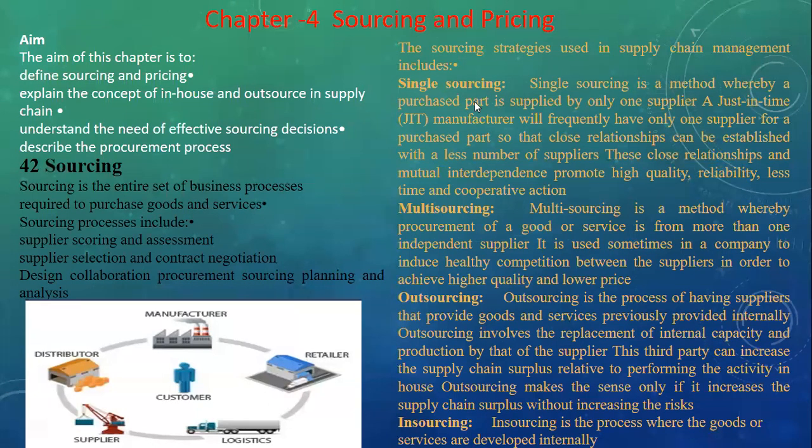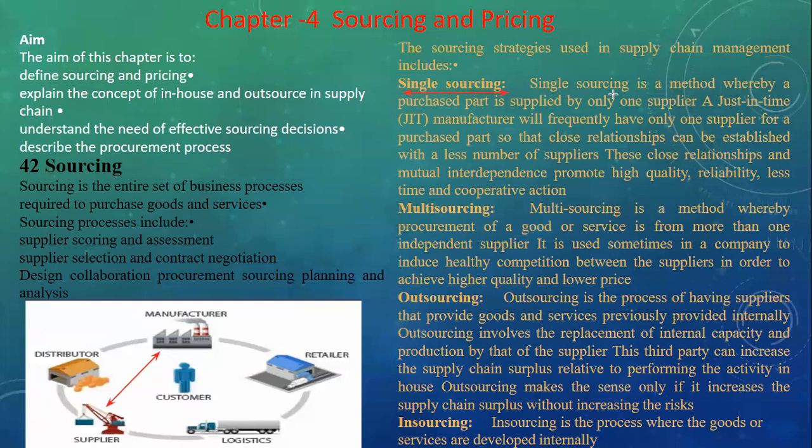First is single sourcing. Single sourcing means that you will source the product from one supplier. Only one supplier. So here you are sourcing from one single supplier, and that is called single sourcing.